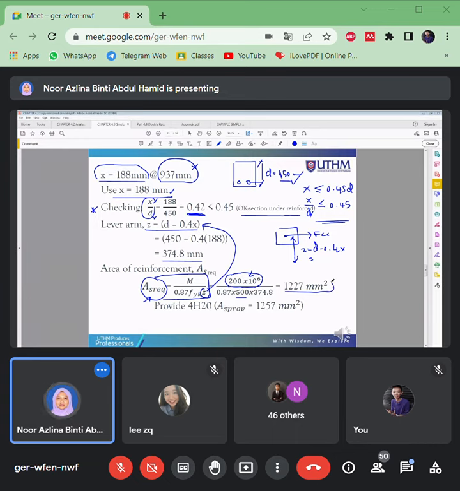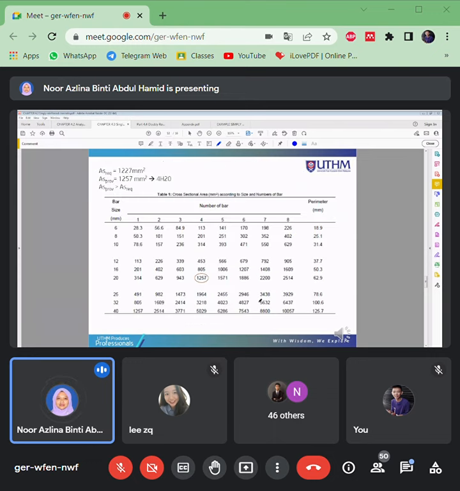How to know, based on this AS required, what's the number of reinforcements? What's the diameter of the reinforcement? It is actually based on these tables. This table you can also refer to in the learning materials for the code of practice. There will be these tables.